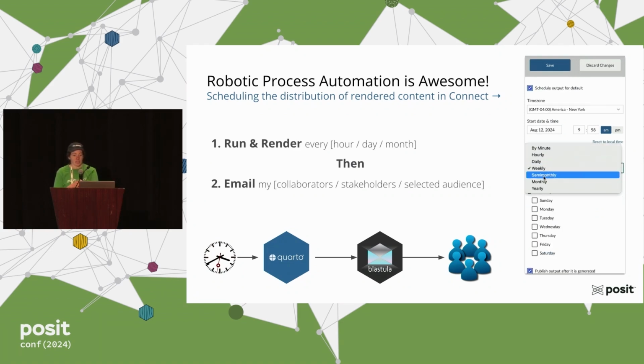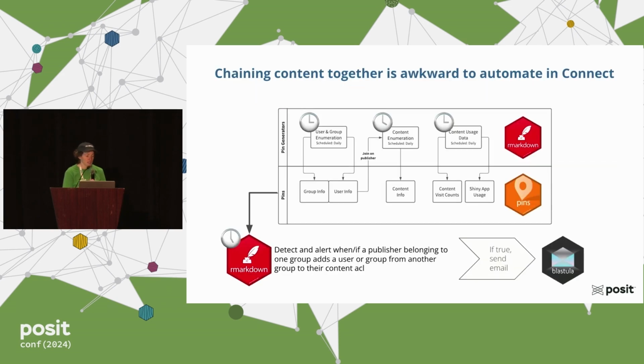And that's very nice. But you might have experienced this when you start to move beyond scheduling a single thing, and there are suddenly multiple things that have dependencies on each other. You might get in this situation, which is an actual project I did and put on Connect, where I have a number of our Markdown documents that need to run.